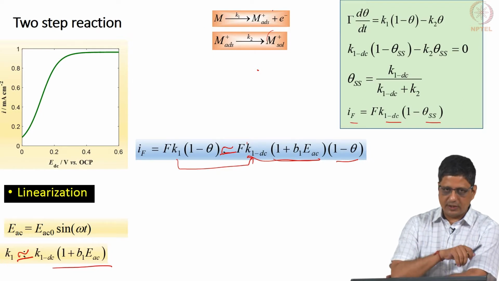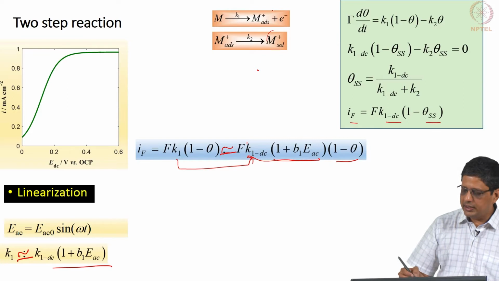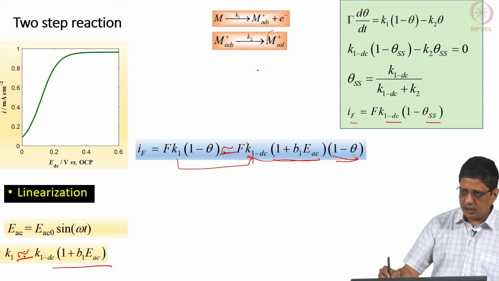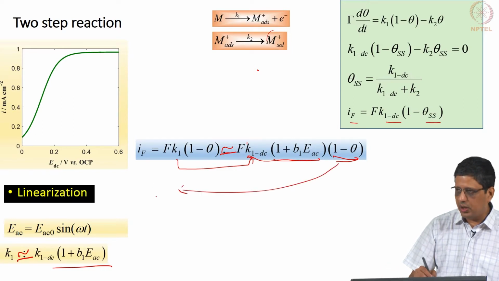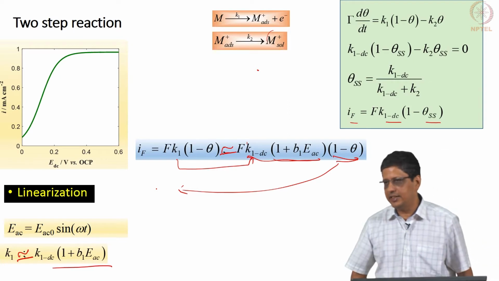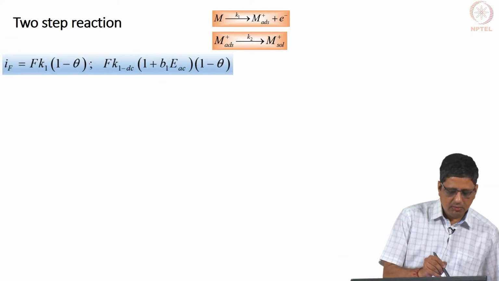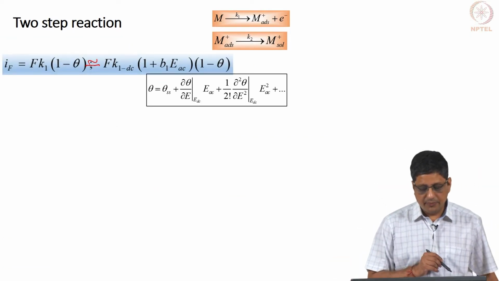I have to find how that is going to vary. So, our goal is to find this, it is not a constant, this is going to vary. How is that varying? That is going to help me figure out how to write the IF as IFDC and IFAC.